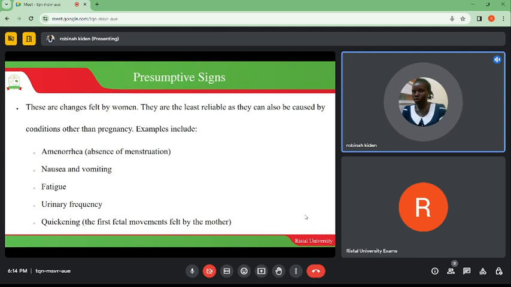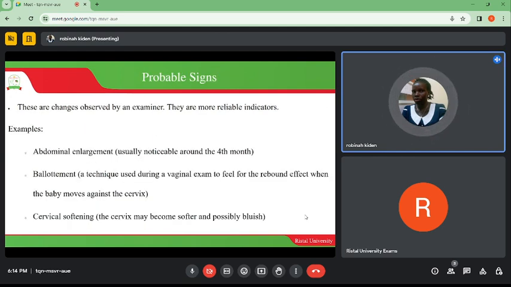Then urinary frequency, where how often the woman goes to pass urine increases. Then quickening refers to the fast movement that can be felt by the mother. This is also taken as a presumptive sign because sometimes the muscles of the abdomen can contract and be presumed to be quickening.